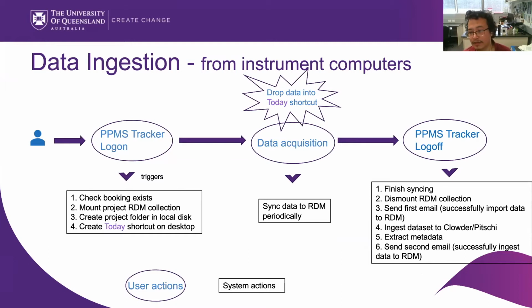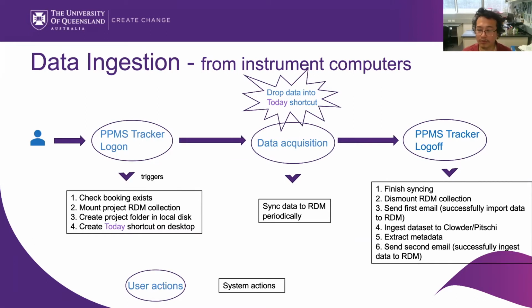as I said earlier, the solution is integrated with VPMS tracker. So when the user comes in, he needs to have a booking in VPMS. When the user comes into an instrument computer, he needs to log in to VPMS tracker, and this triggers a few things in the Pitschi system.